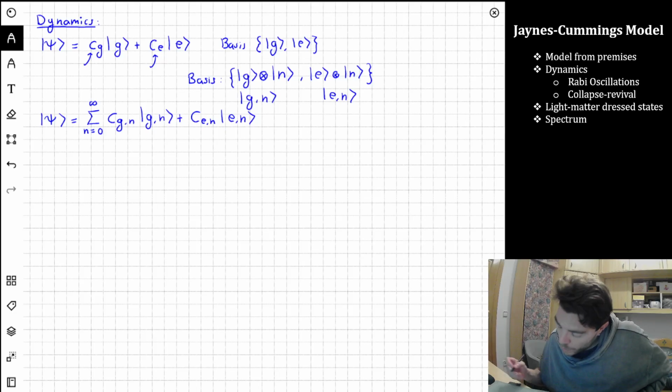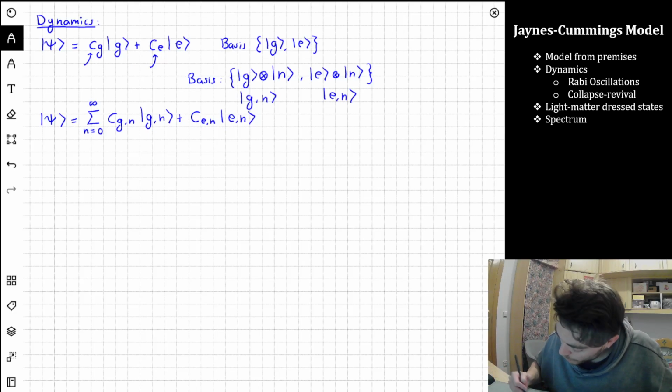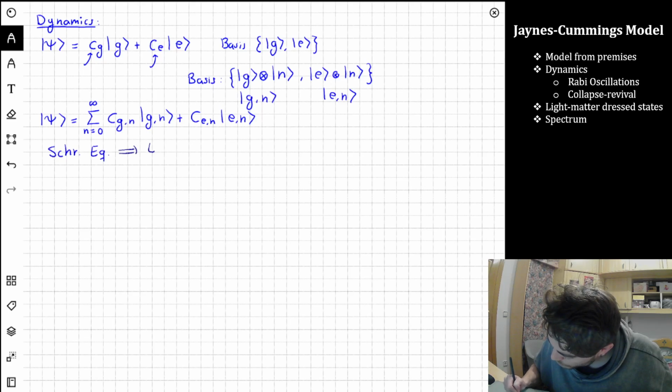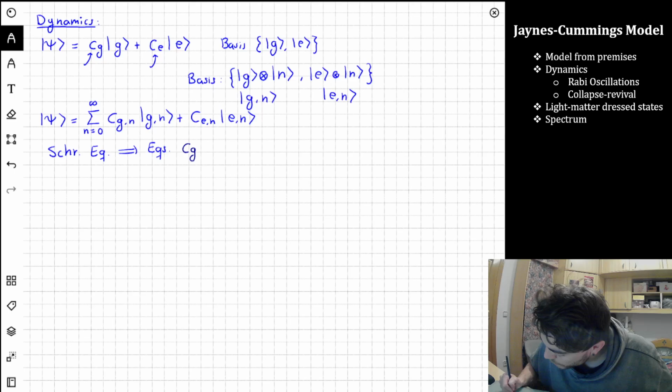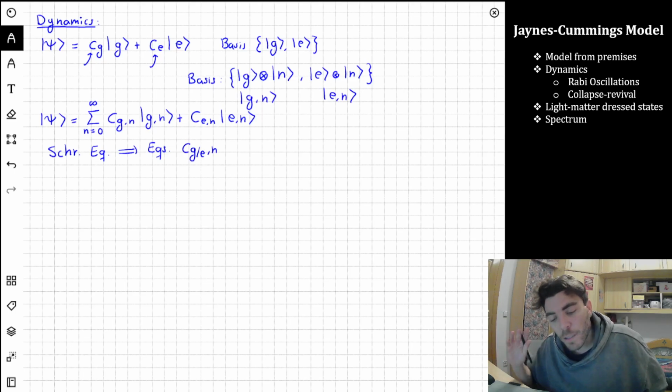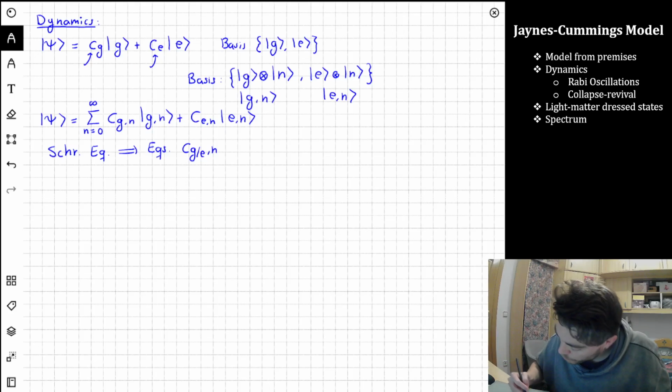And now what we can do is exactly the same thing: write down the Schrödinger equation to get the equations, which are an infinite family of equations for the coefficients C_g,n or C_e,n. But first let's write the Schrödinger equation.